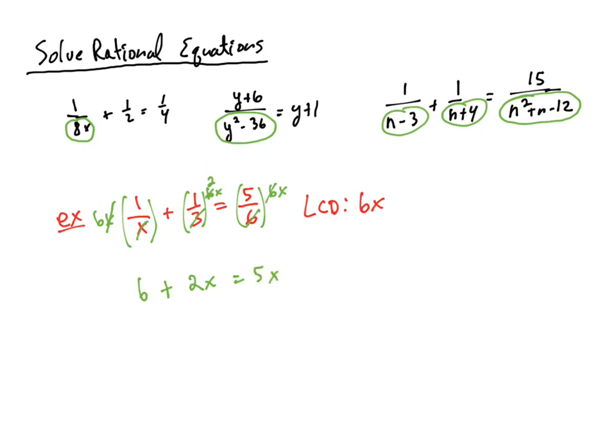Okay, so now we have a pretty straightforward linear equation. We're going to have 6 is equal to 3x, divide both sides by 3, we get x is equal to 2. And then the final step is to check to see if this solution makes any of the denominators equal to 0. The only place that we have an x is in the first fraction on the left, but we can plug in 2 there and we'll get 2 as the denominator.